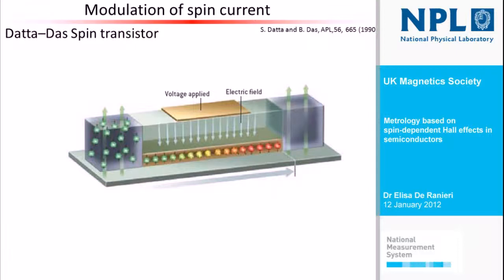And yeah, as I was saying, the point of all of this, once you have injected your spin current and you can detect it, is that you also want to manipulate it in the meantime, in the middle of the structure. As, for example, was proposed in this famous spin transistor from Datta and Das.